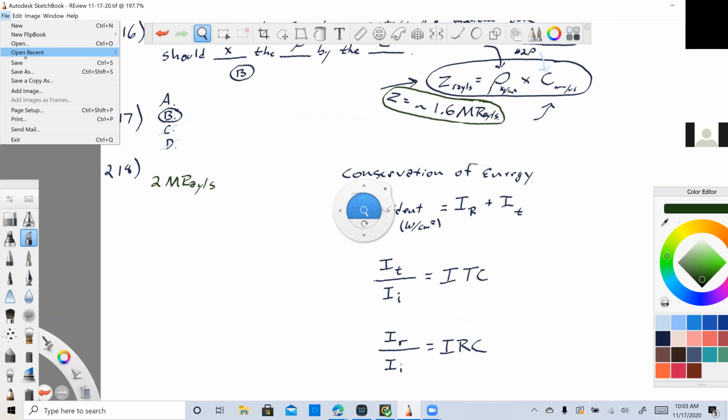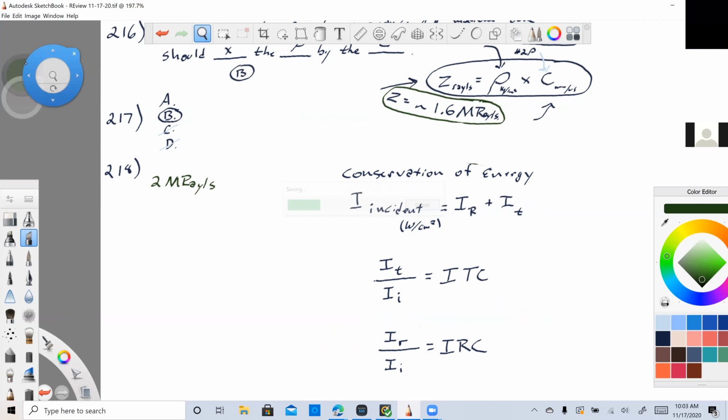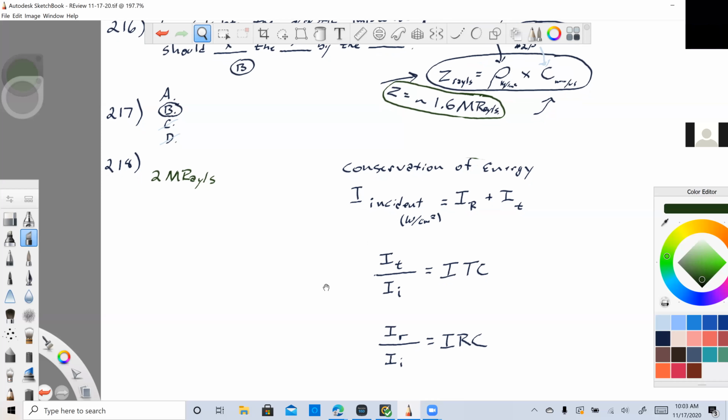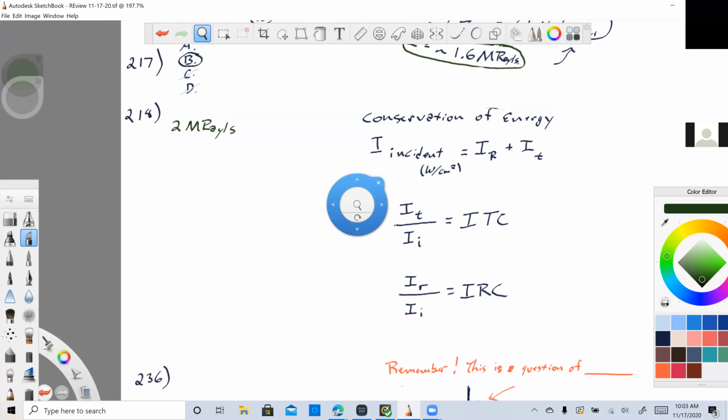If I don't hit save, I could destroy the whole thing. Okay. The next question I had written down was all the way down at 236, but I think there was some question whether I was going to do one of these first. And the question: which of the following describes an angle.